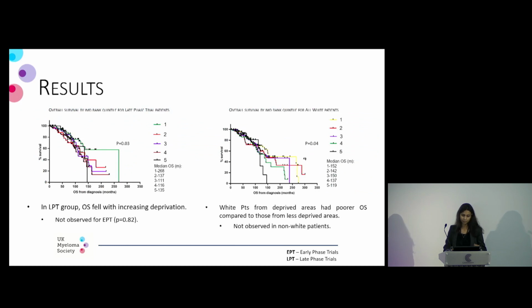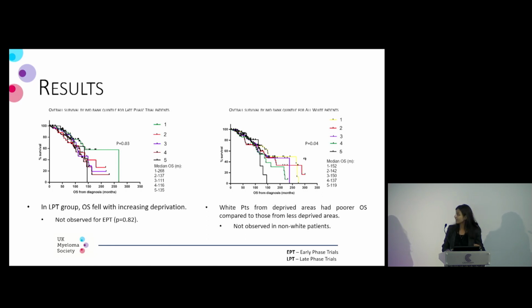Furthermore, in the late phase trials groups, overall survival was significantly different in the lower socioeconomic group than in the higher socioeconomic group, by about 3.5 years. We didn't observe this in the early phase trials group.